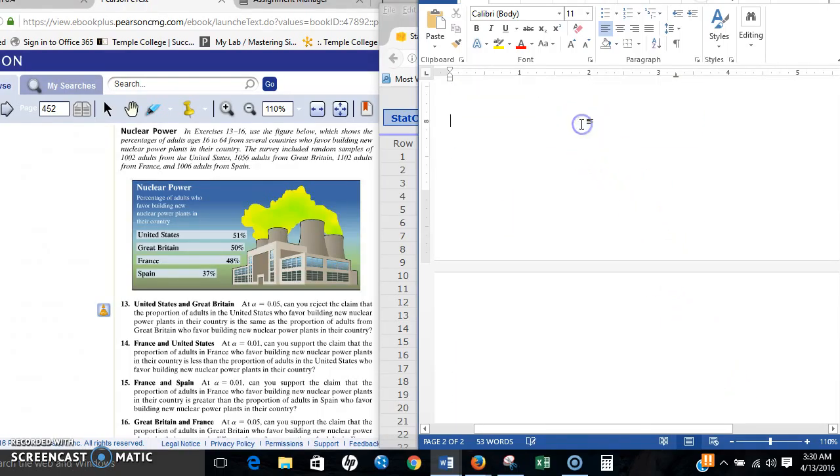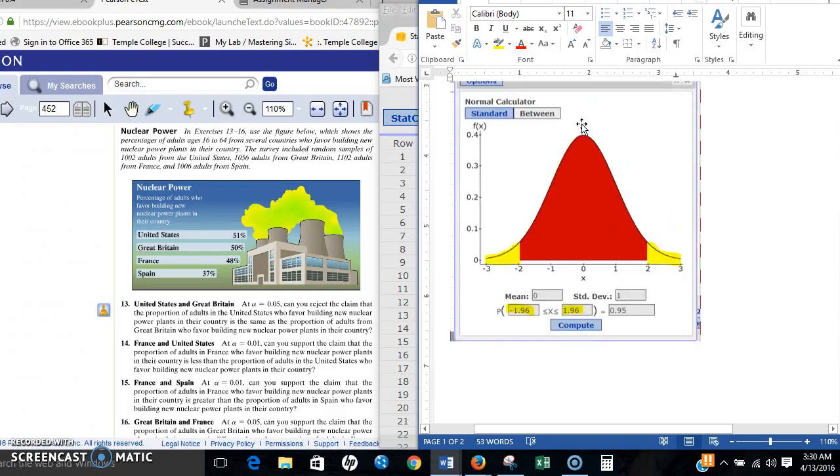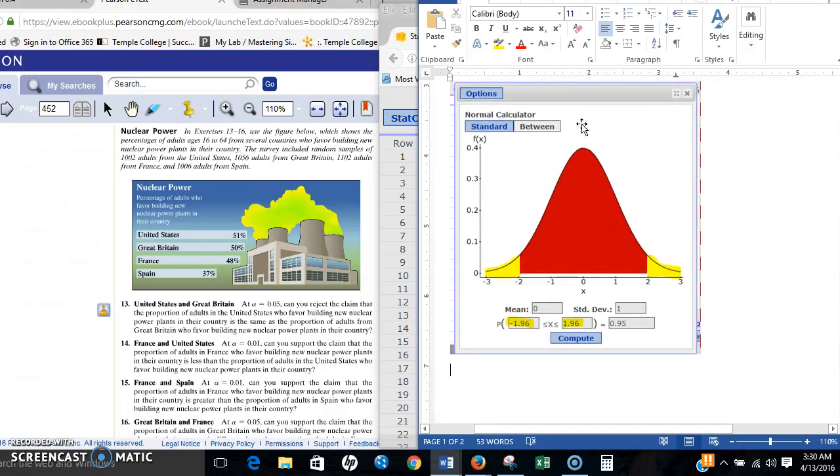Back up here close to the problem. So when working with the p-value, if the p-value is less than alpha, and that's this value right here, alpha, that looks like a little a, equals 0.05, then reject H O, the null hypothesis.